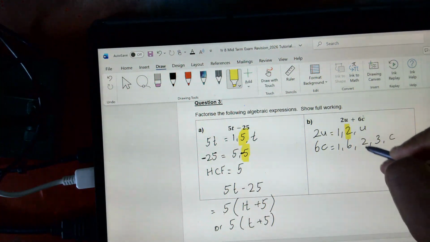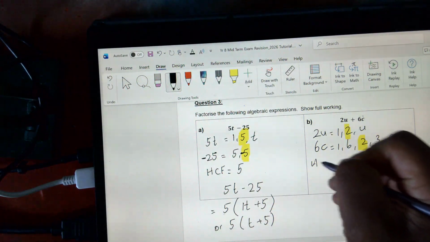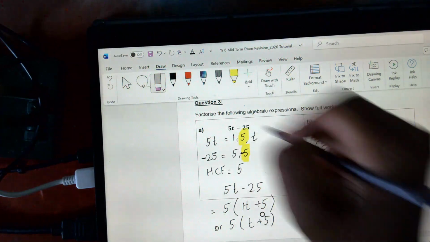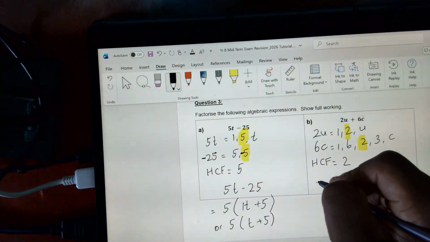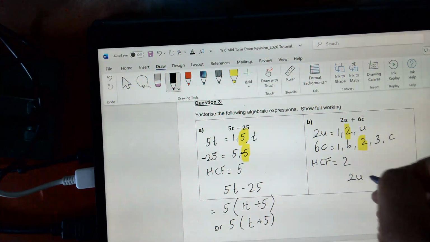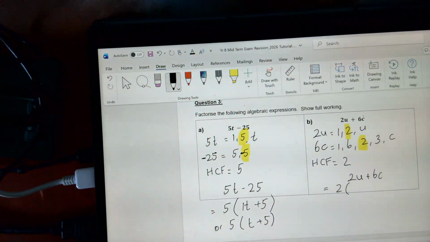I know that the 2 here and here are common, so my highest common factor is 2, which means in 2u plus 6c, I'm going to take 2 outside of the brackets. What do I multiply 2 by to get 2u?